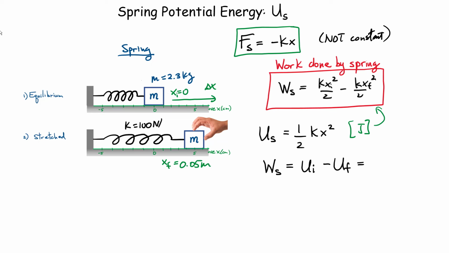Sometimes they switch the order of these things, and if you do that, you can write it as minus (U final minus U initial). This is typically what is done when you're talking about certain types of forces that are called conservative forces. You can write the work done by any conservative force as minus the change in potential energy of that system. So this is a really important equation right here.